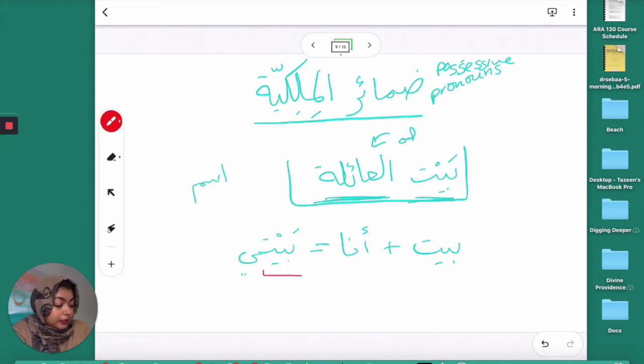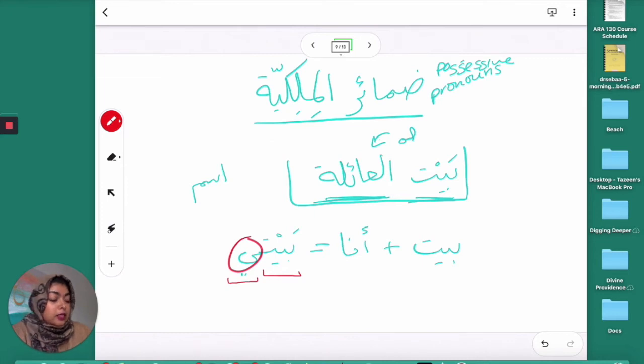You have here your noun, that's nakira, it's indefinite. And then we added this part, which refers to ana, that's the definite. It's a pronoun. Remember, we said pronouns are always referred to as definite words. So this right here is, by extension, an example of إضافة, but we call it a possessive pronoun because what we're doing is we're adding a pronoun to the end of that noun.